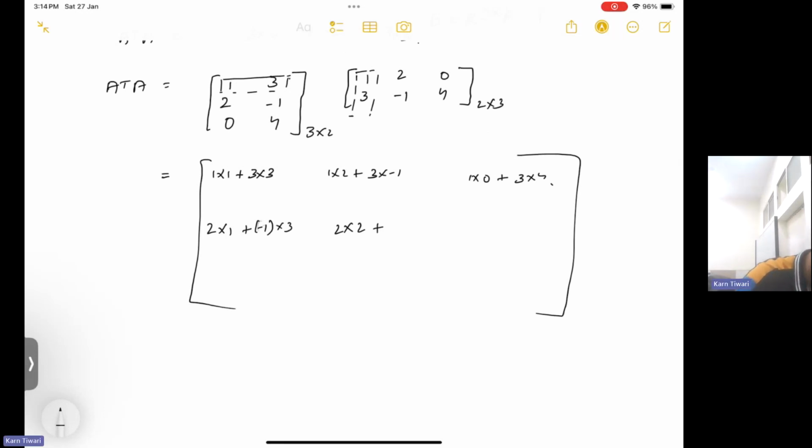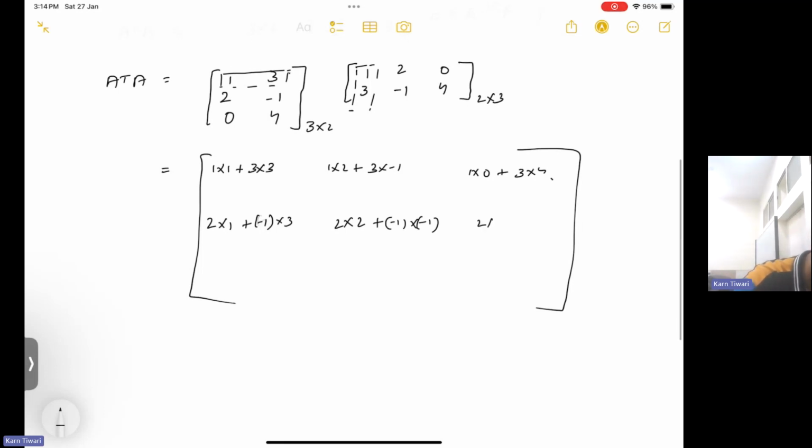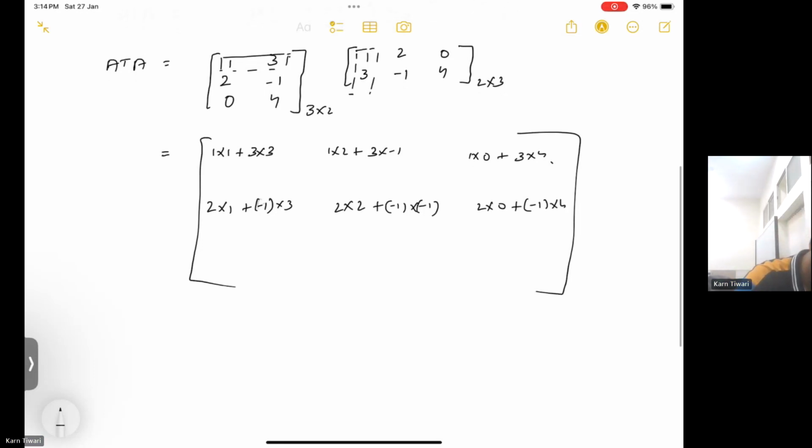cross 3. The second element 2 cross 2 -1 cross -1. The next element similarly will be 2 cross 0 plus -1 cross 4. Now the third row, we need to follow the same procedure.